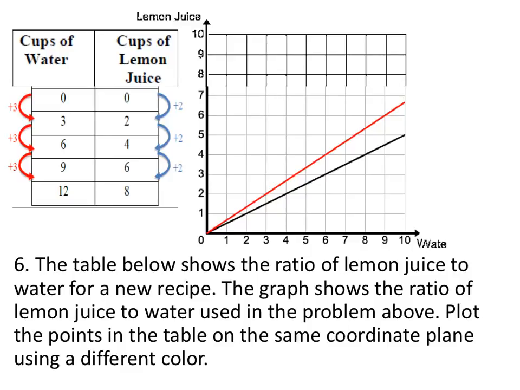And you should have something that looks like that. You can see the ordered pairs as they were graphed: 3, 2, 6, 4, and 9, 6 at least, and 0, 0. That would give you that red line.